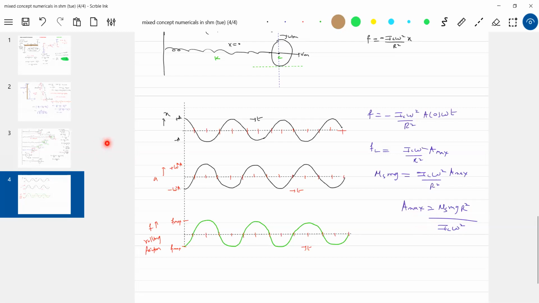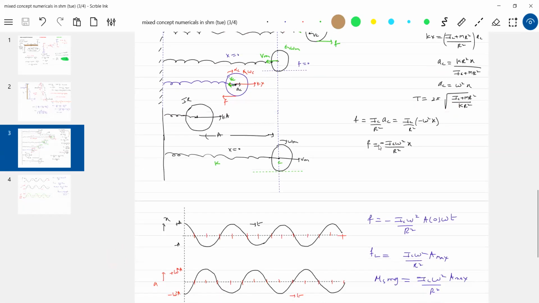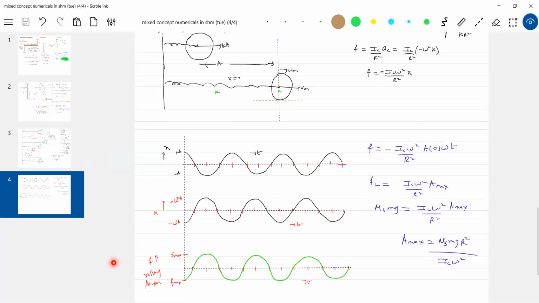What is omega? Omega is this particular thing. We have to bring it and solve like this here. In this one, omega has to be brought from here. Omega square is what is asked. Okay, substituting that, we can solve here. Getting the idea? Let me substitute omega square.